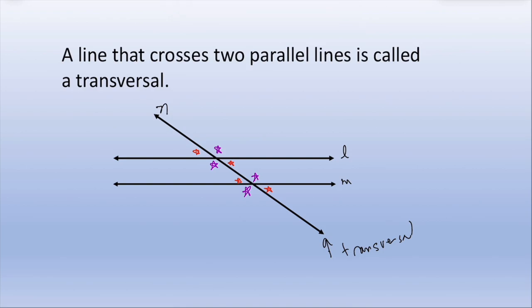All of the purple stars are equal. And a red star plus a purple star, if you were to measure them with a protractor, total 180 degrees. They're supplementary. So that pattern is something that will help you do some calculations, like we'll see in the next example.